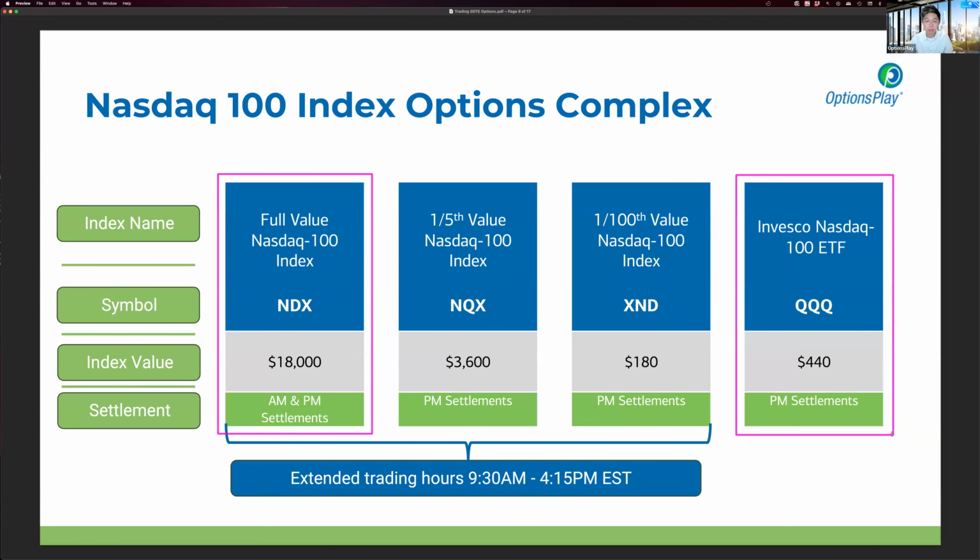Because the ETF is currently around 440, multiply that by 100 shares, that's a $44,000 contract versus the $1.8 million on NDX. The only obvious difference is that you have physical delivery, which means you have to manage expirations a lot closer than you do with index options.